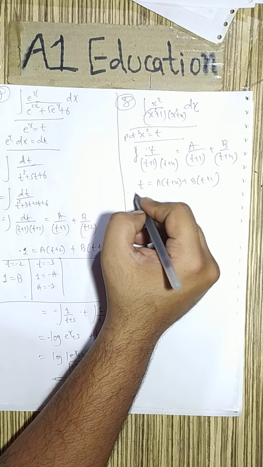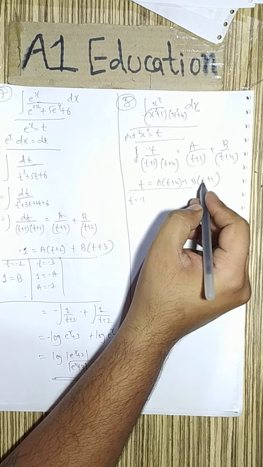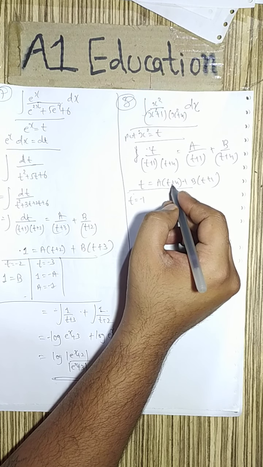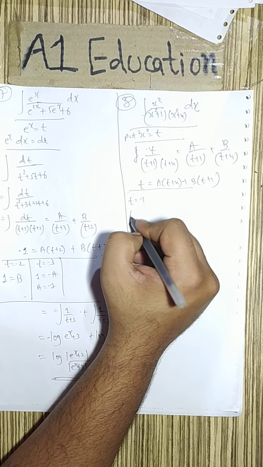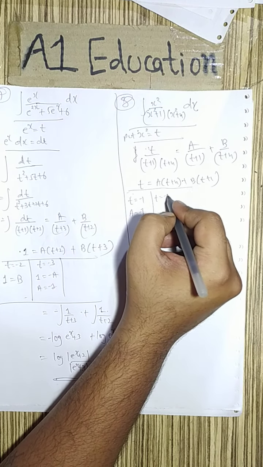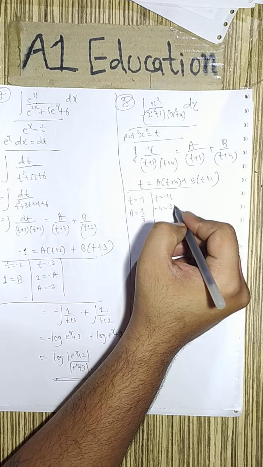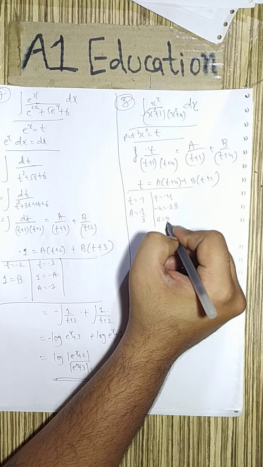Let us say we substitute t equal to minus 1, this will become 0, 3 and minus 1 by 3, will be minus 1 by 3, and t equal to minus 4, if I substitute this will be minus 3 minus 3b, so b will be equal to 4 by 3.